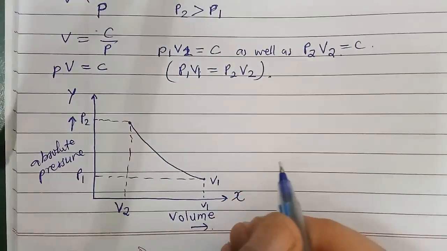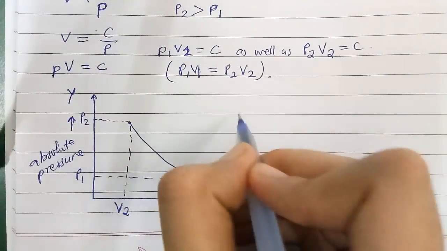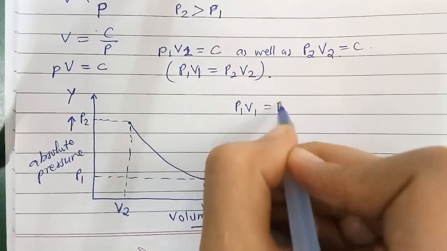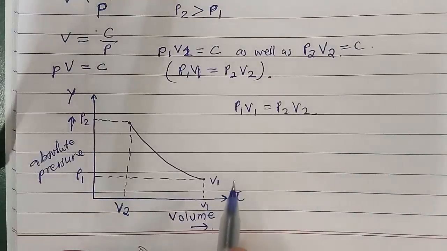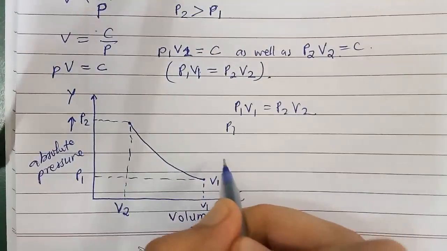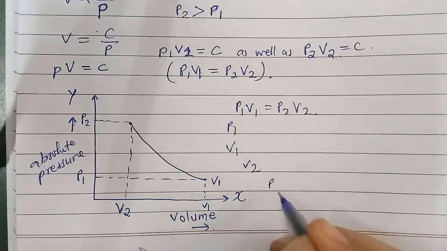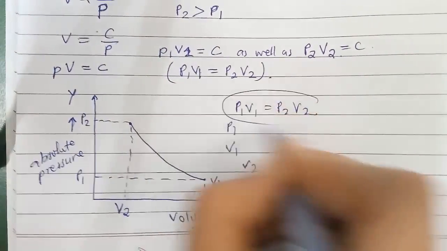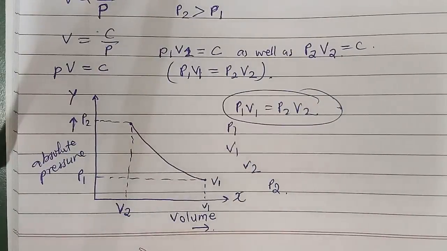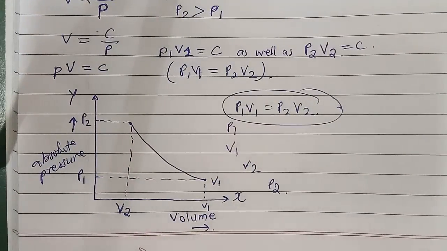So for Boyle's law, you have to remember P1 V1 is equal to P2 V2. So in numericals, if your P1 is given, V1 is given, V2 is given, and you have to find out P2, you can easily find it with this equation. Just take the initial pressure and initial volume, multiply them, and that will be equal to the final pressure times the final volume.